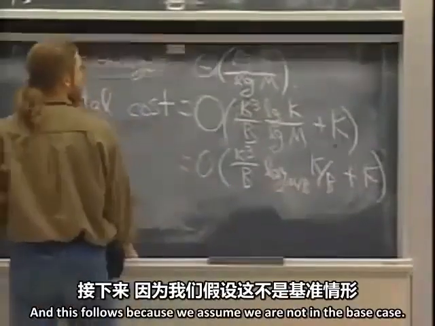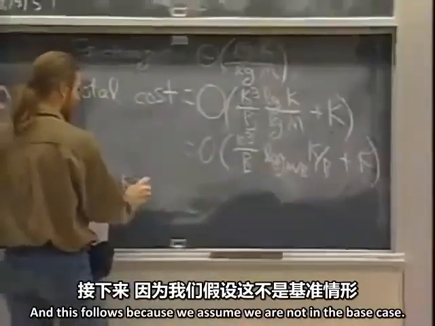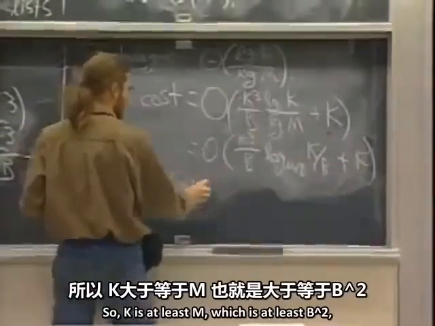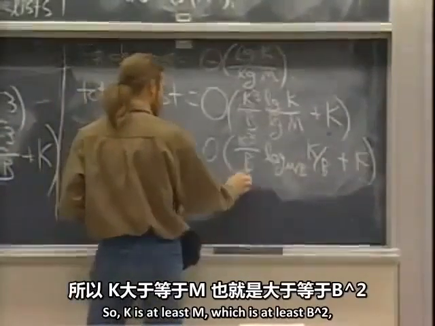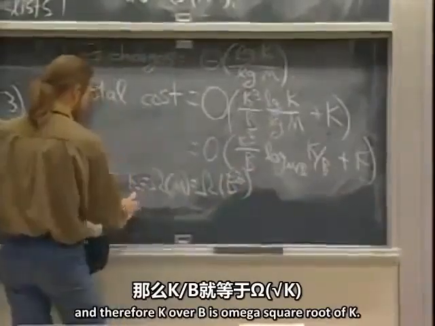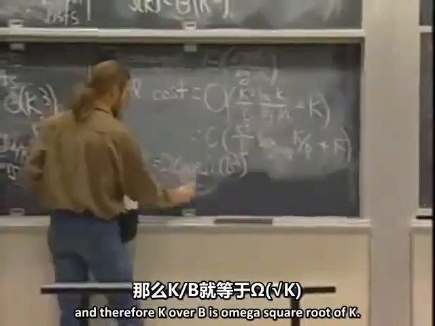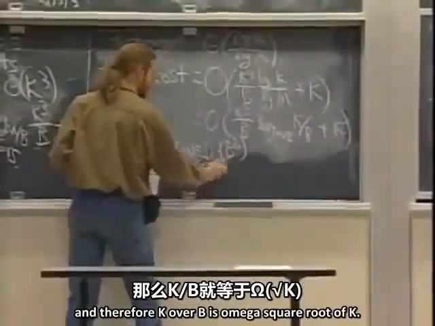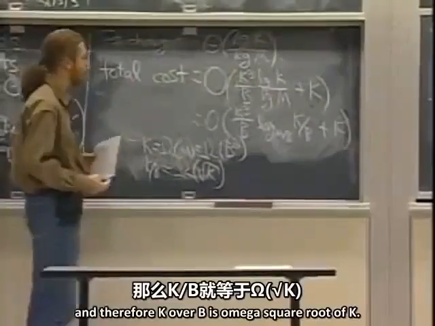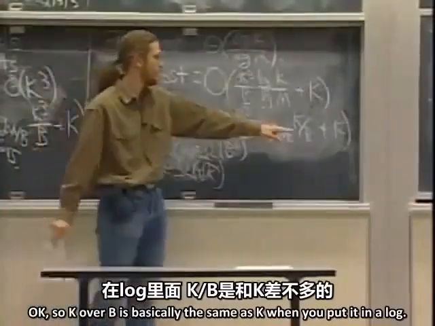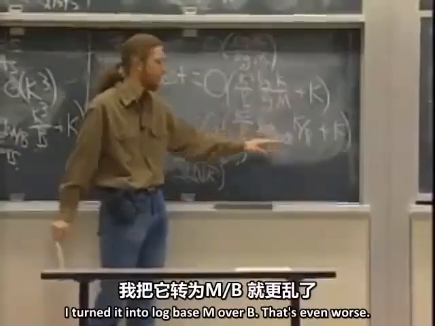This follows because we assume we're not in the base case, so k is at least m, which is at least b squared. And therefore, k over b is omega square root of k. So k over b is basically the same as k when you put it in a log. Here we have log base m; I turned it into log base m over b.